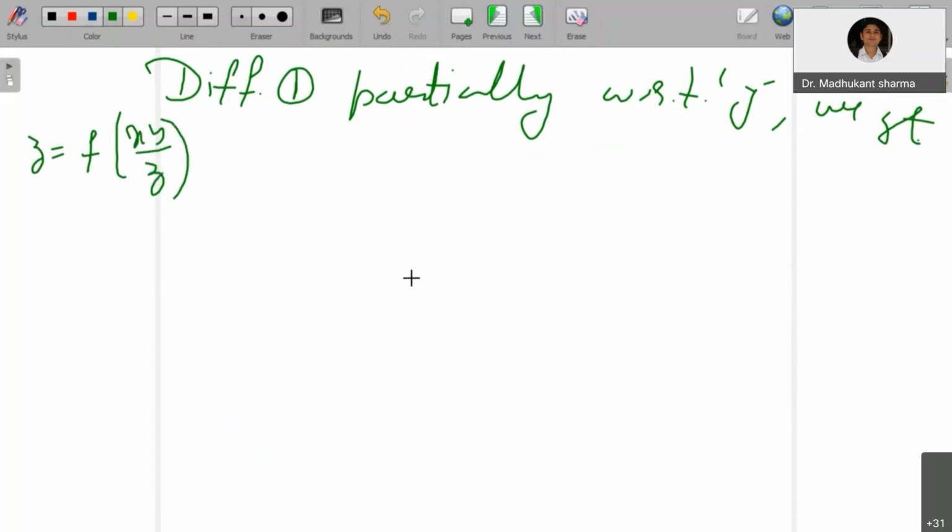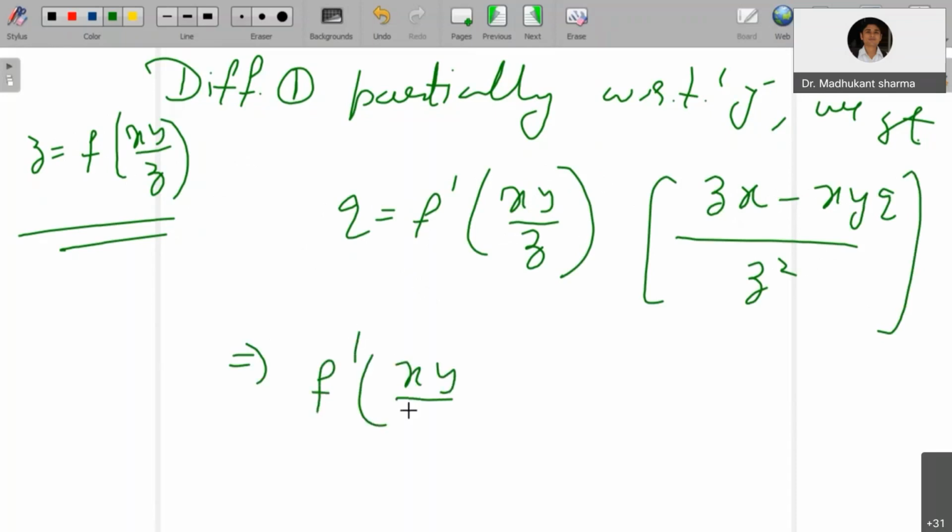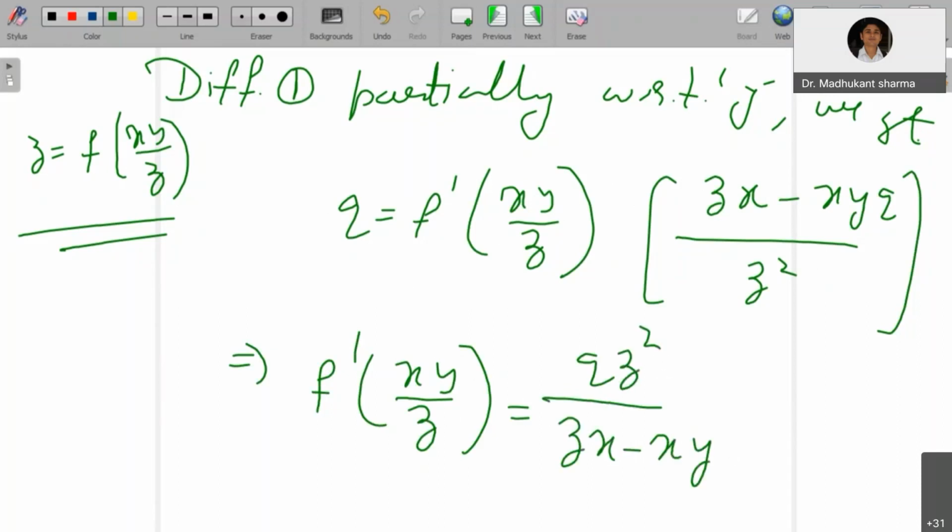If you differentiate 1 partially with respect to y, what you will get is q equals f dash of x into y by z times, by the u by v rule again, z square times the partial derivative of x into y with respect to y, which is x, minus x into y times q. So this will imply f dash of x into y by z is equal to q times z square divided by zx minus x into y into q. You can call this 3.